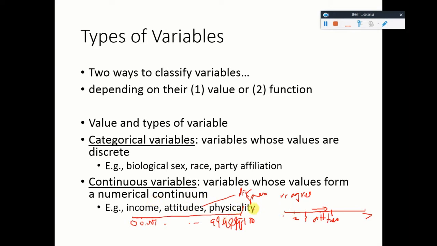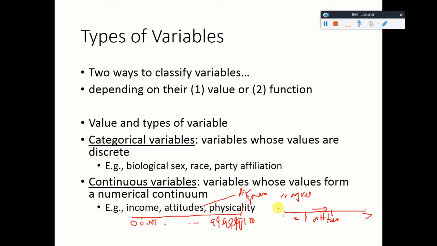Well, physicality, the same case. You can say, well, I think physicality is a categorical variable because you're either weak or strong. But other people might disagree with you. They say, well, you can move from very, very weak to kind of weak to slightly weak to slightly strong and all the way to very, very, very strong.